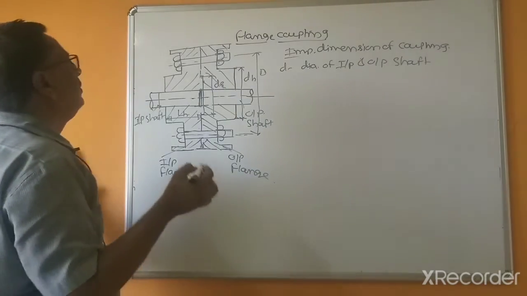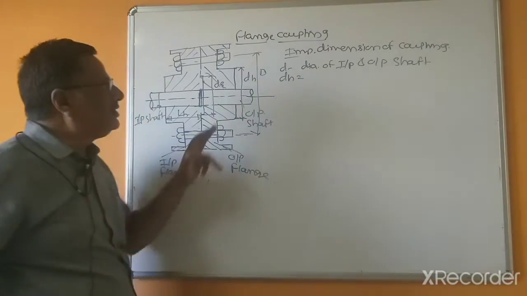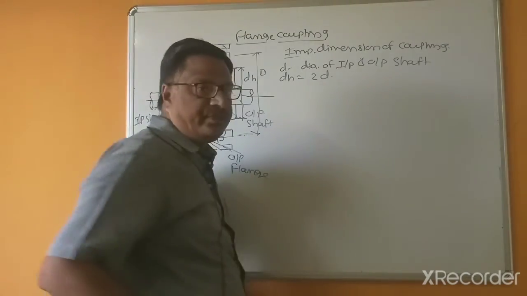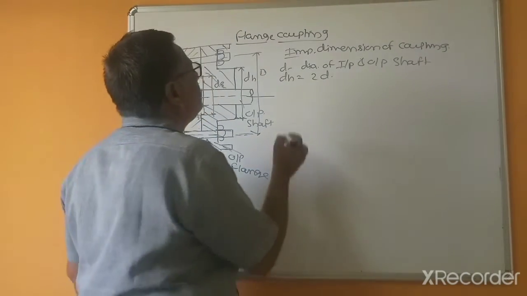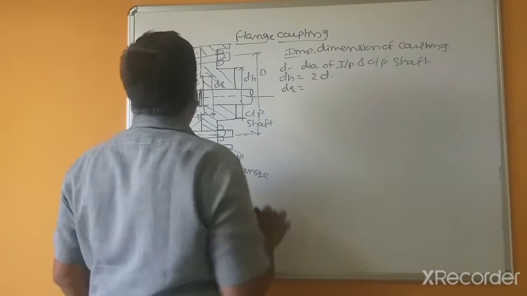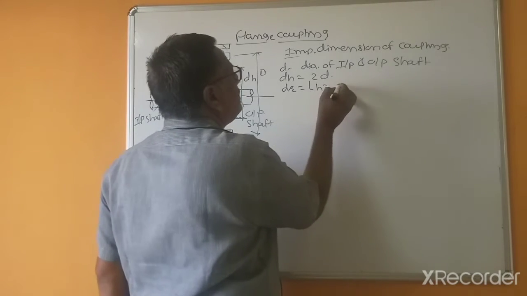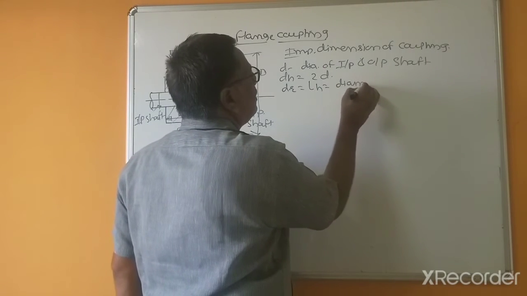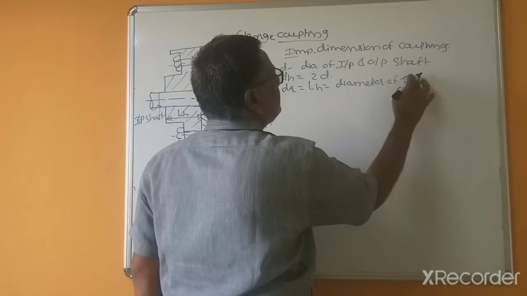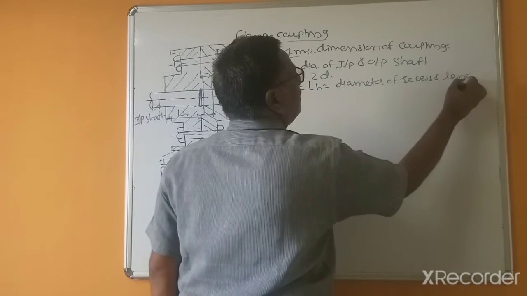The diameter of the hub, Dh, is equal to 2d by using standard empirical relations. Then the diameter of the recess and the length of the hub, Lh.